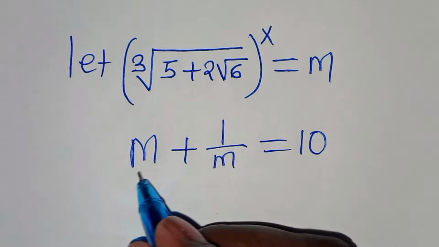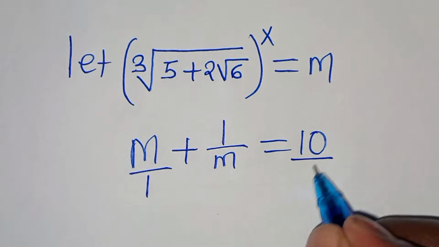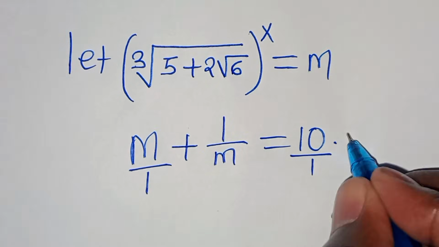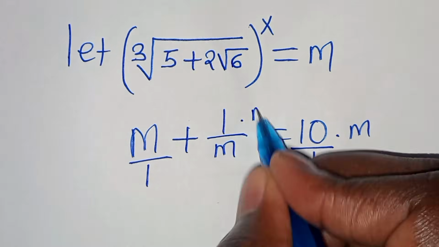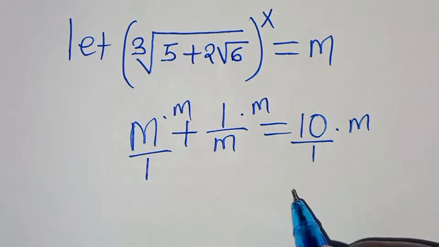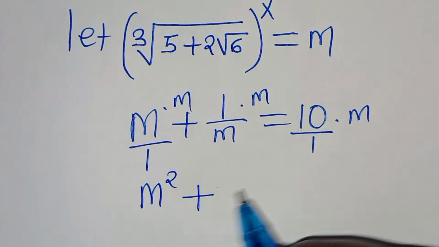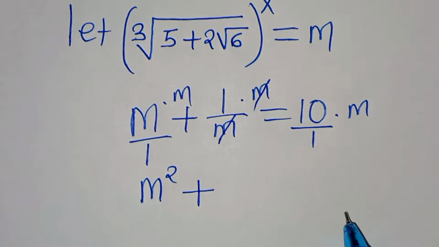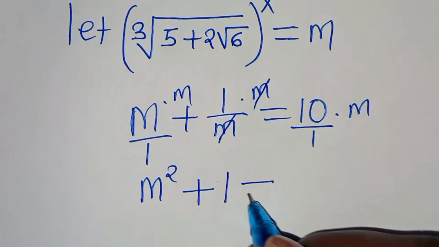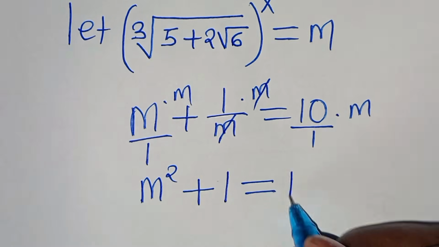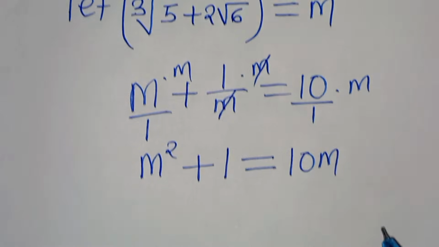Let's multiply everything here by m, so that we have m times m, which is m to the power of 2, plus 1, since m and 1 over m simplify. This is equal to 10 times m, which is 10m.